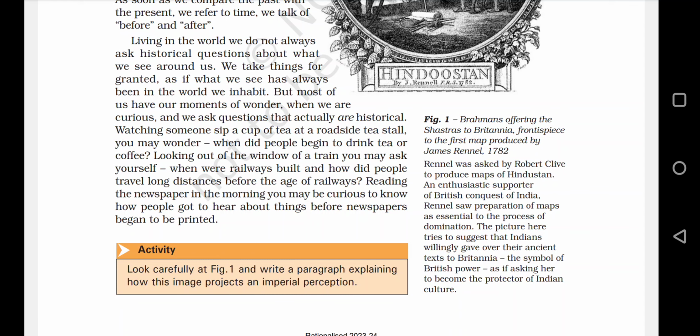There are a few dates which you should learn properly, like this date, 1782, when James Rennell produced this map of India, which was suggested by Robert Clive, or you can say Robert Clive ordered James Rennell to produce this map. The name of this map was Hindustan, which you can see on the top. Okay, so this is one thing.